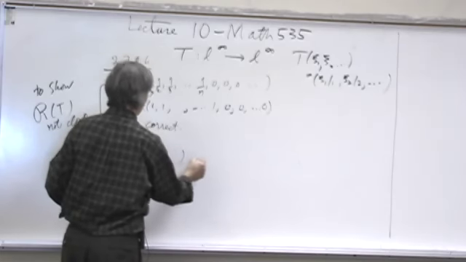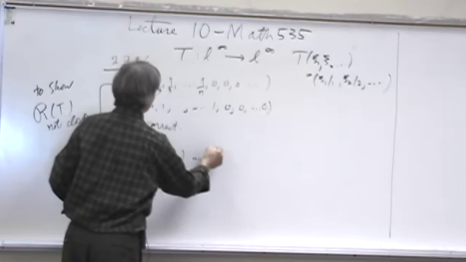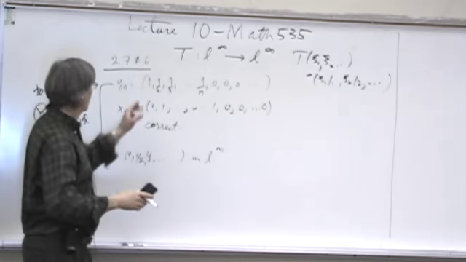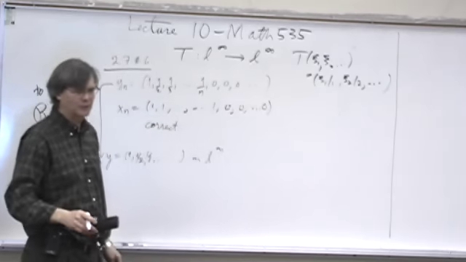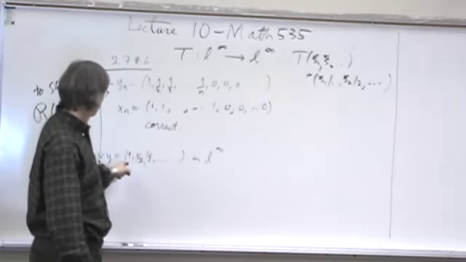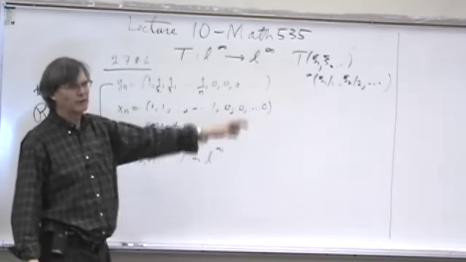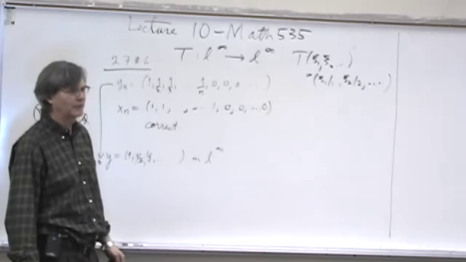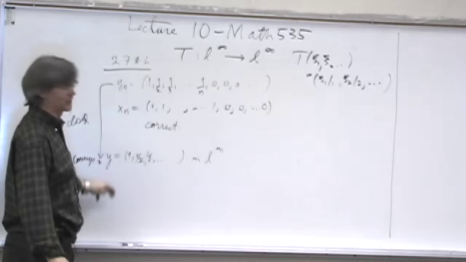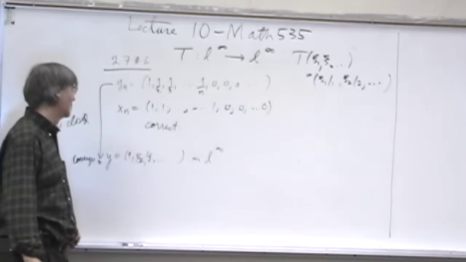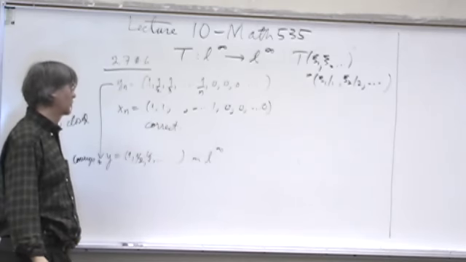But if you take 1, 1, 1, 1, 1, and then 0, 0, 0, it does not converge to 1, 1, 1, 1, 1, 1, 1. So you have to make sure that the sequence yn that you pick converges in L infinity.